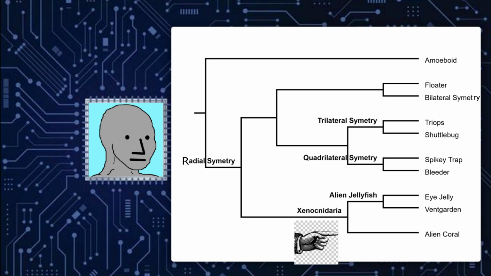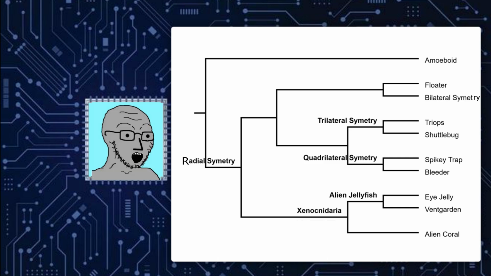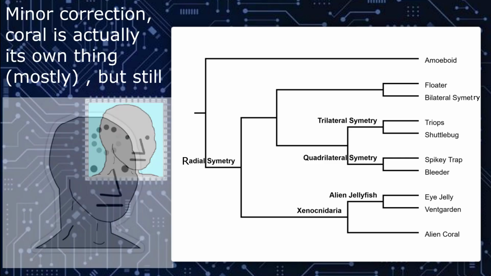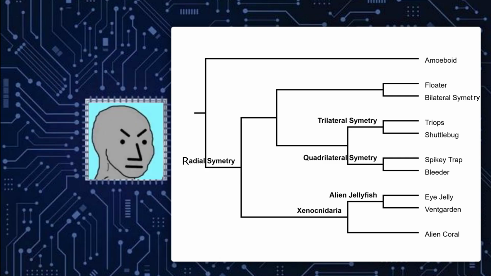Sister clade to the alien jellyfish are the alien corals, and here is where my biggest disregard for canon comes into play, because at least in the Subnautica wiki, coral is classified as flora instead of fauna. I disagree with this a lot.